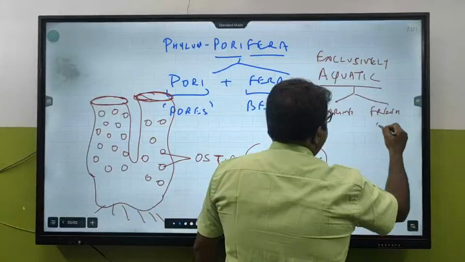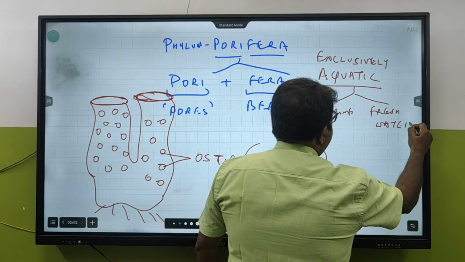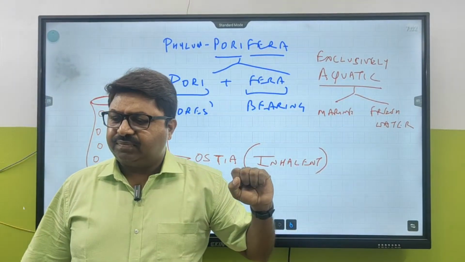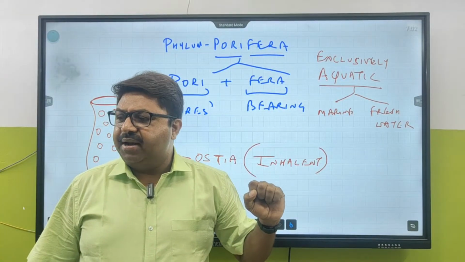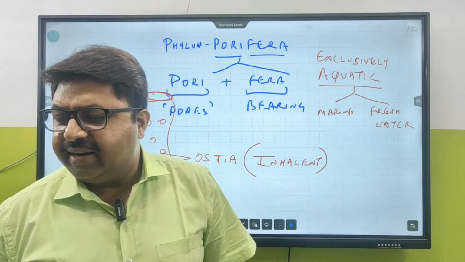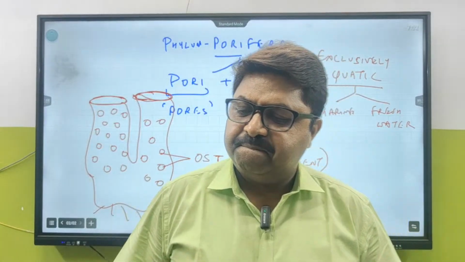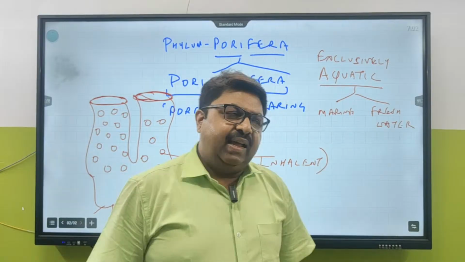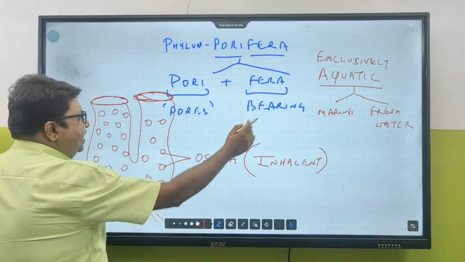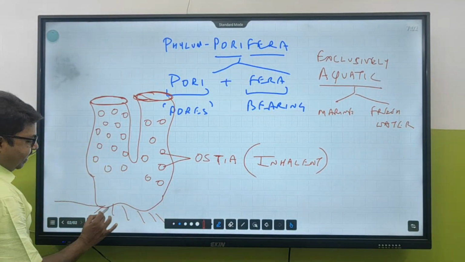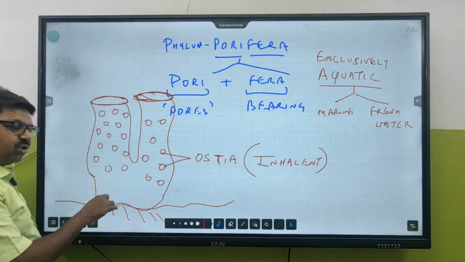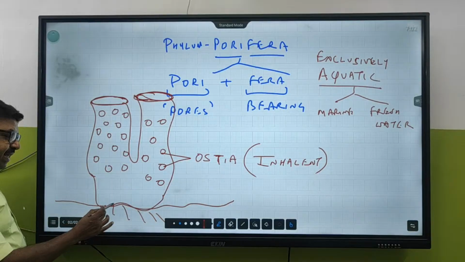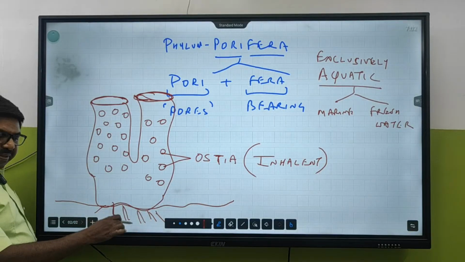Some of them are freshwater sponges, and some are marine. Completely aquatic, they are present at the base of water bodies, at the surface, and they remain stuck to some point.